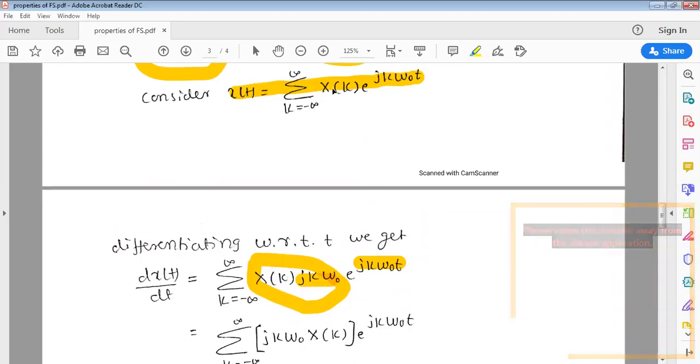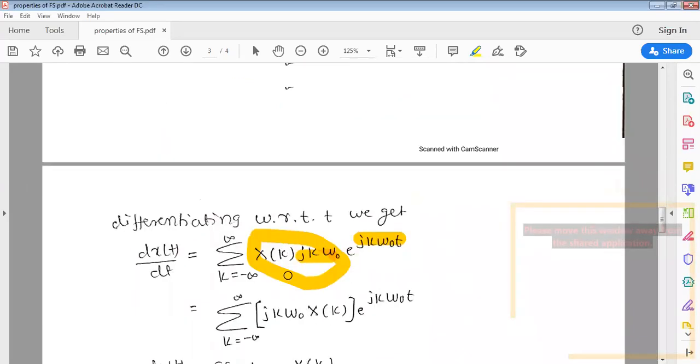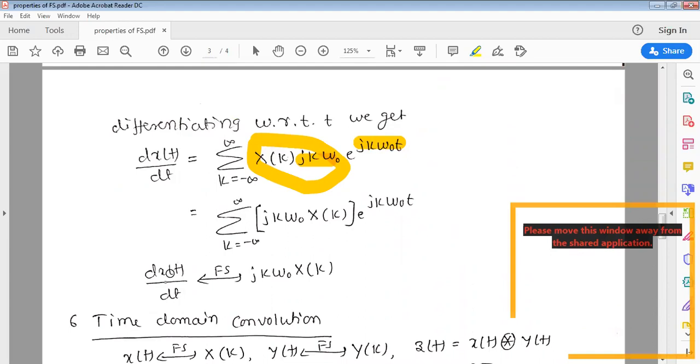Look here, this x of k just gets replaced by jk omega naught x of k and the other term will remain unchanged. When you write this as x of t, then you can write this as dx of t by dt. Any doubt in the proof? Are you able to follow?